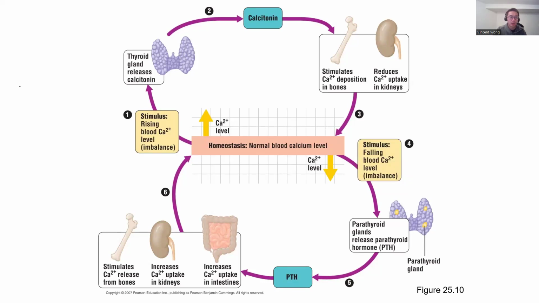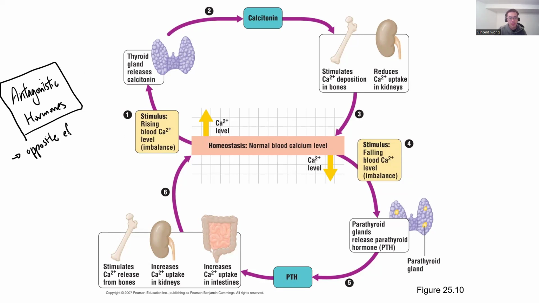And along the way, we will learn 3 pairs of what's called antagonistic hormones. Okay. Antagonistic hormones, they have opposite effect. And they often work against each other to help maintain some kind of homeostasis.